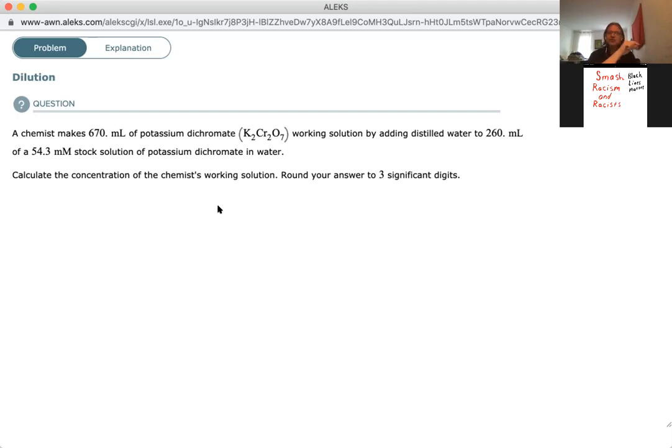So this 260 milliliters is the stock volume, and the 54.3 millimolar is the stock concentration. And then they're asking you for the concentration of the working solution, the dilute solution. I don't know why they got to call it working. Some people just like to change words.